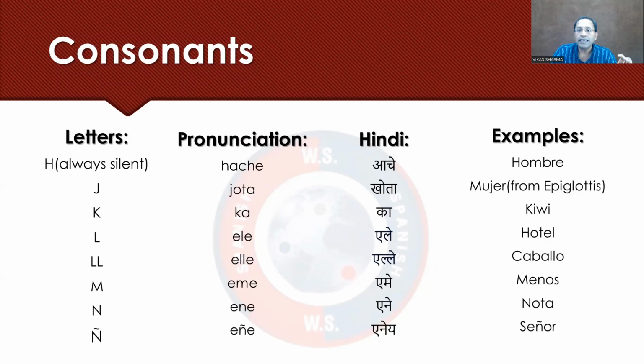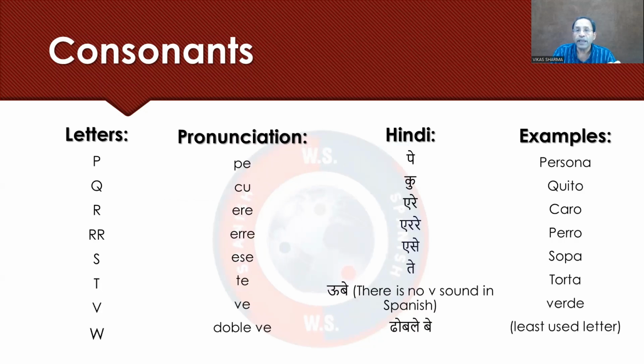Ka, kiwi. L, hotel. L, caballo. M, minos. N, nota. Ñ, señor. P, persona. Q, cuto. R, carro.